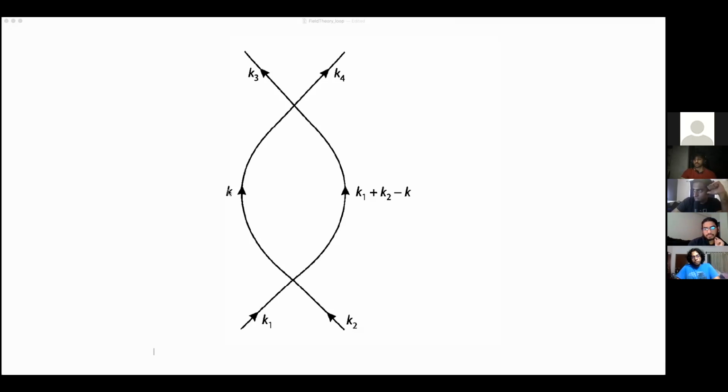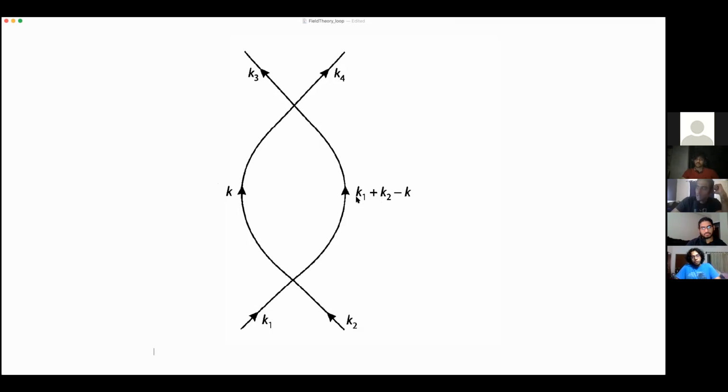So the fact that you can write K1 plus K2 minus K here is using momentum conservation at this vertex. Generally, let's say this is K5 and K6, because K3 and K4 are flowing here. Then K1 plus K2 has to equal the sum of these two, and basically you're eliminating one in favor of the other. If I call this K5, then K1 plus K2 minus K5 is K6.